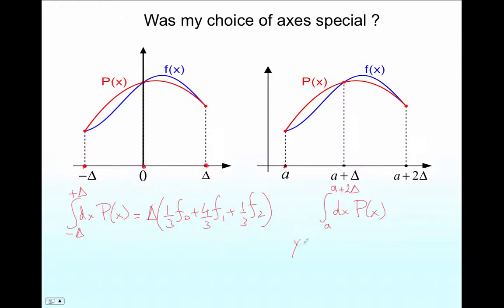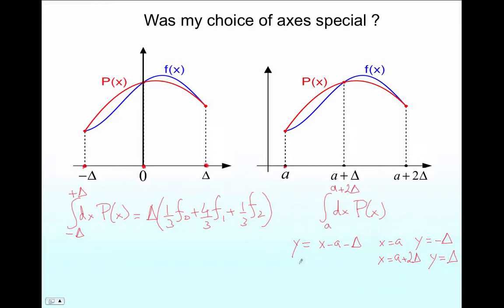It's very easy to prove because let's make a change of variables. y is x minus a minus delta, in which case if you take x equal to a, then y is equal to minus delta. If you take x equal to a plus 2 delta, which is what is above over here on the upper part of the integral, then y is plus delta.